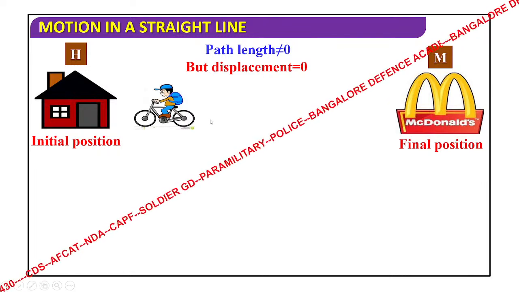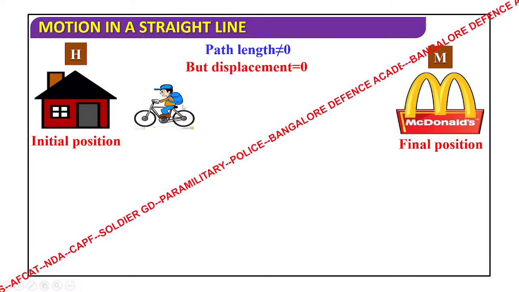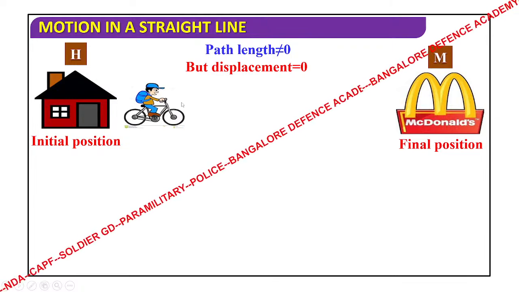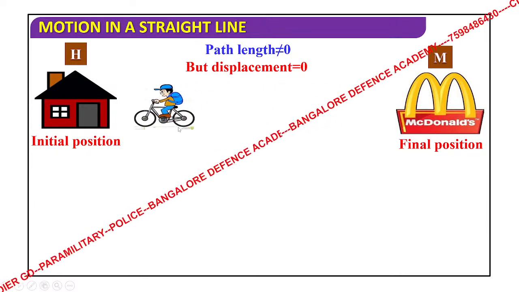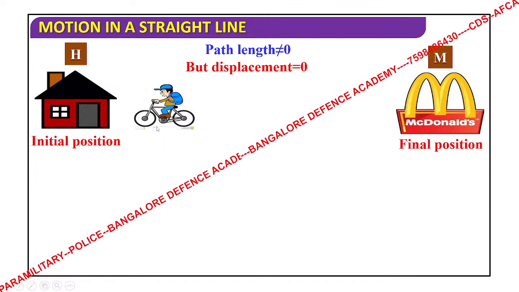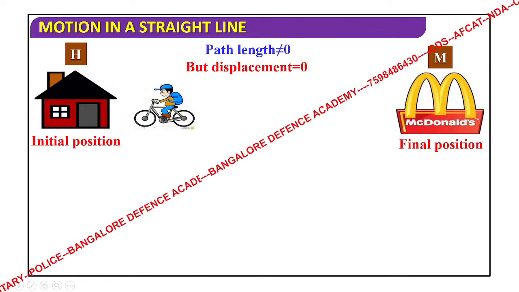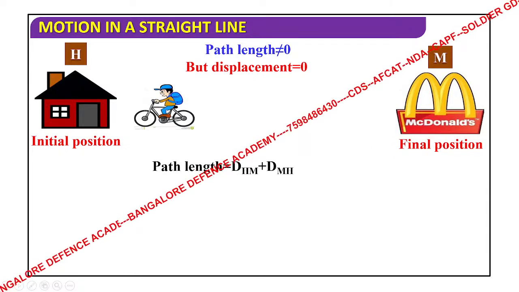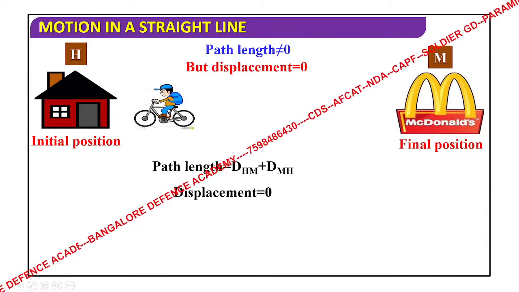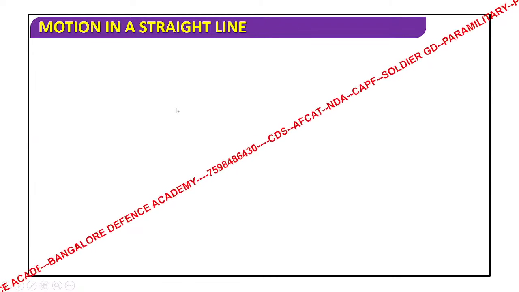But what about the displacement? A boy is traveling from his home and again going back to his home. So the minimum distance is 0 here. Displacement will be 0. So in this case, we have proved that the path length is always greater than 0 while the displacement can be equal to 0.